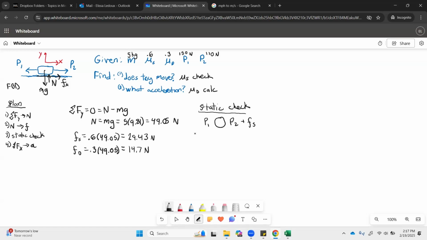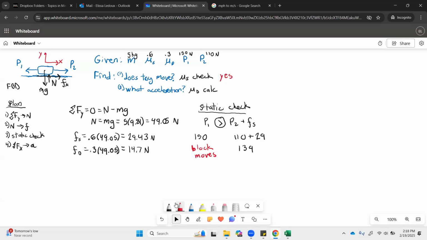So P1 over here is 150. And then P2 is 110 plus the static friction, which is 29.43. So this gives us 139. So P1 is greater than the P2 plus the static friction. So yes, that first kid is strong enough to overcome both forces and pull the block. So we know that the block moves. Or toy, whatever you want to call it. So yes, the toy does move.